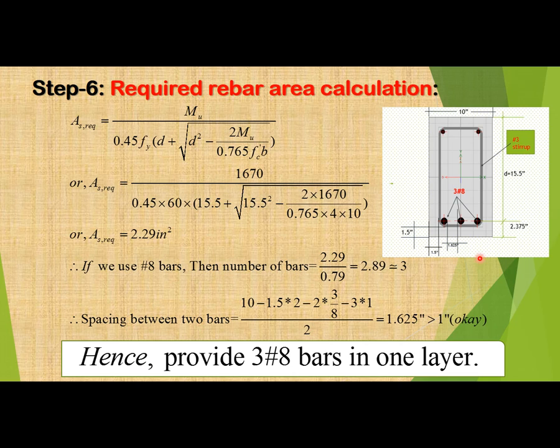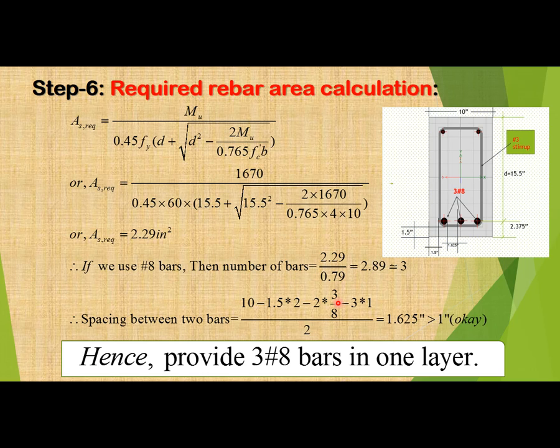Let's check the clear distance between the two bars. To calculate this, let us deduct the width of two legs of a stirrup. If we use number 3 stirrup, then 2 times 3 by 8.